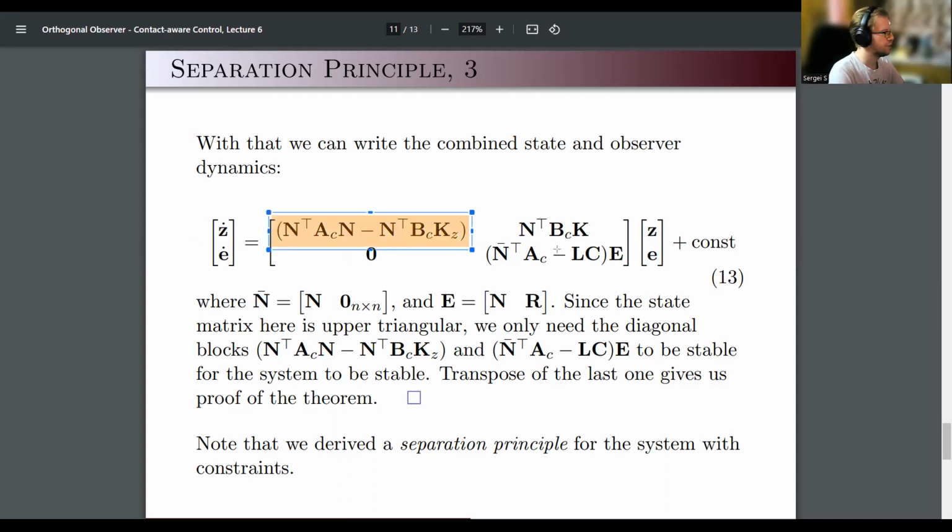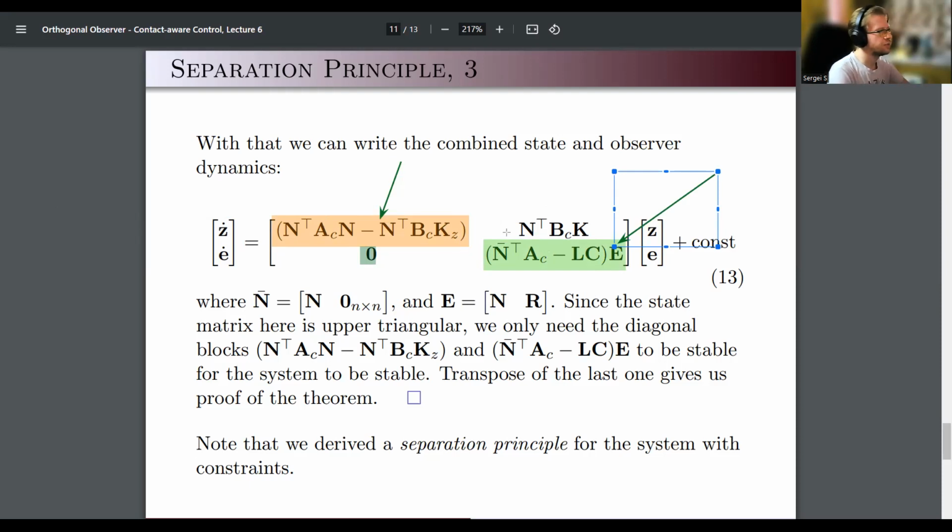So it has a block here, it has a block here, and most importantly, it has zeros here. Because it is upper block triangular, the eigenvalues of the overall system depend on the eigenvalues of the blocks on the diagonal. So we don't have to compute eigenvalues of the total system. We only have to compute eigenvalues of the blocks. It is a key observation.